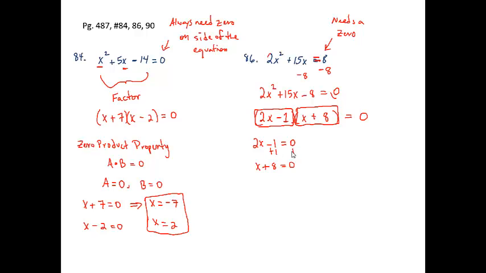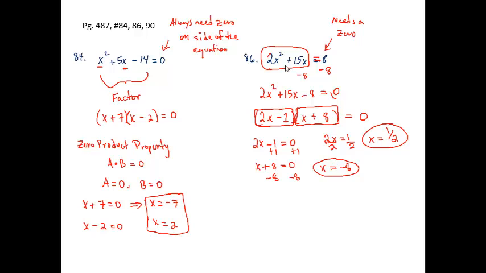Add 1 to both sides, and you have 2x equals 1. Divide by 2, and you have x equals a half. If you need a refresher on solving linear equations of this type, refer back to chapter 2. So I have two answers, x equals -8, and again, x equals a half. And if you take any one of these answers and plug it back into the original problem, you'll see it works. When you plug it back into the original problem, just plug it into the left side and verify that it equals the right side.